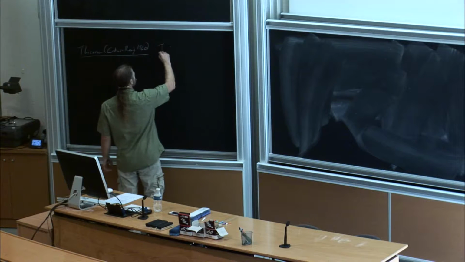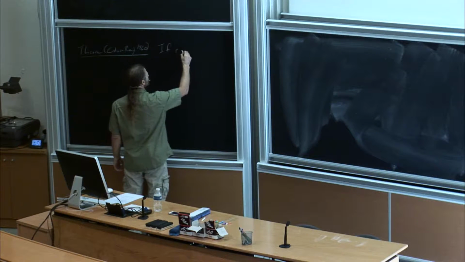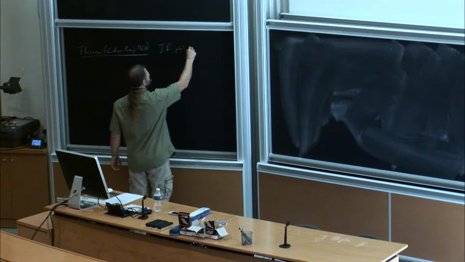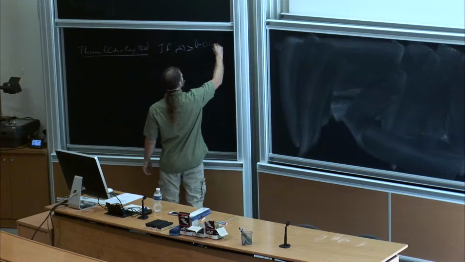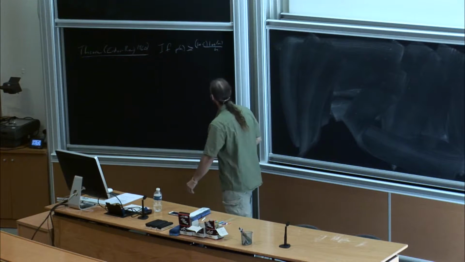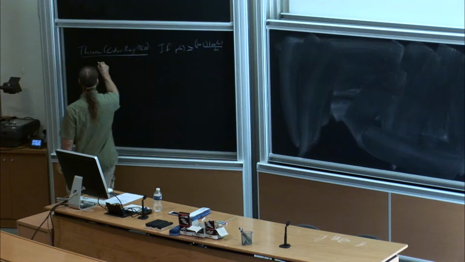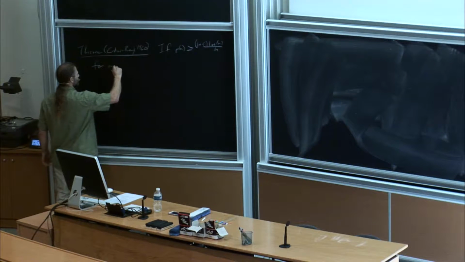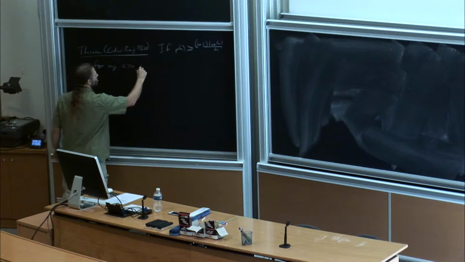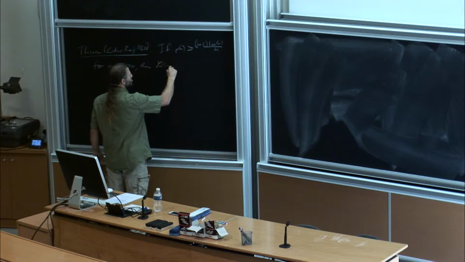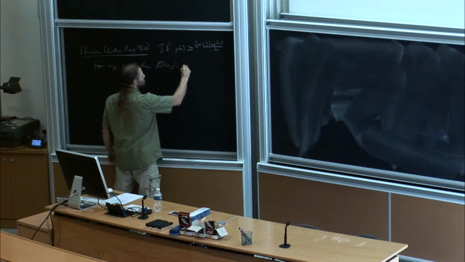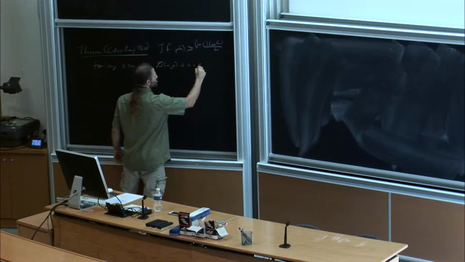What they proved is that if p of n is bigger than or equal to (1 plus epsilon) log n over n, for some epsilon greater than 0, then a graph in GNP is asymptotically almost surely connected.